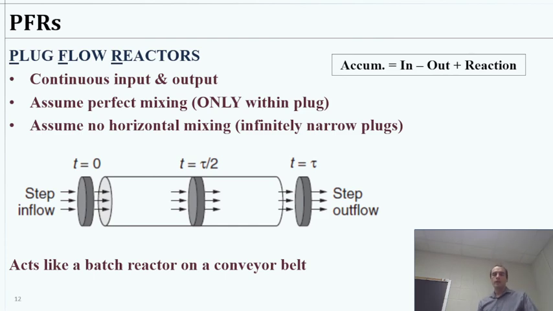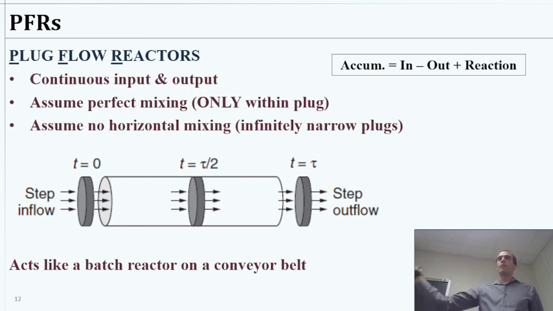Okay, so plug flow reactors are interesting. There are actually a couple of different mathematical ways to look at them, but the easiest one, in my opinion, is to look at them like a conveyor belt of batch reactors. So we just assume the batch reactor is really, really small. It's perfectly mixed within that little plug, and it's just on a conveyor belt.